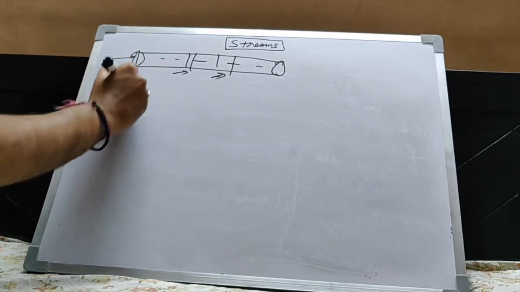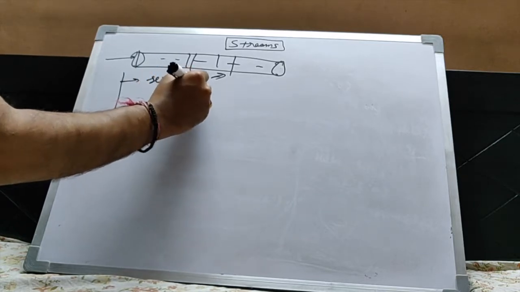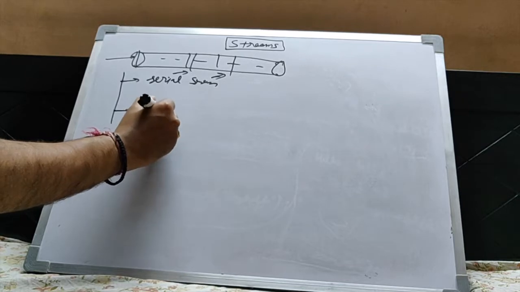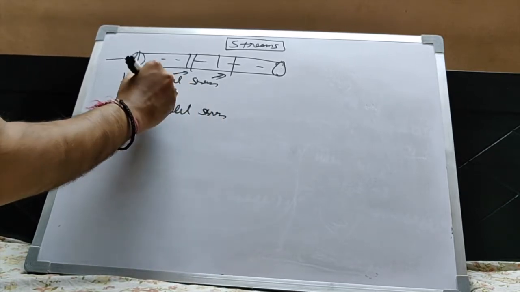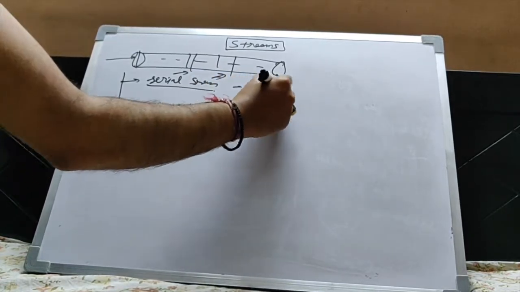So we have two types of streams: the serial stream and the parallel stream. The serial stream is the normal stream.